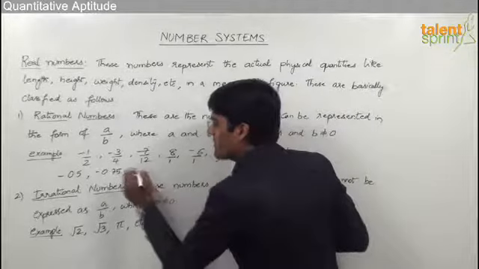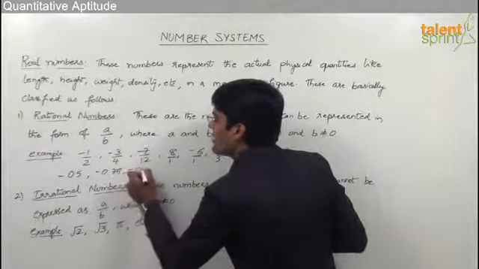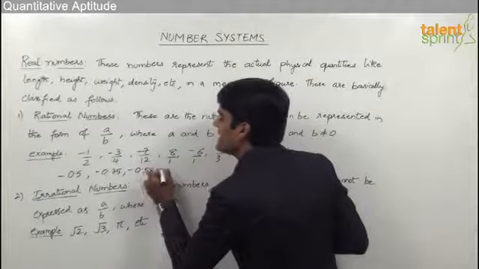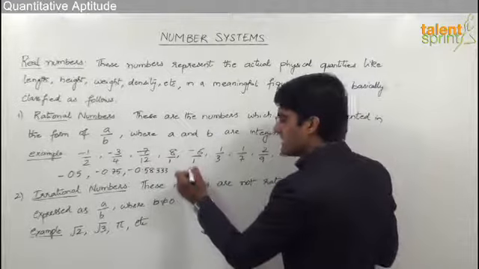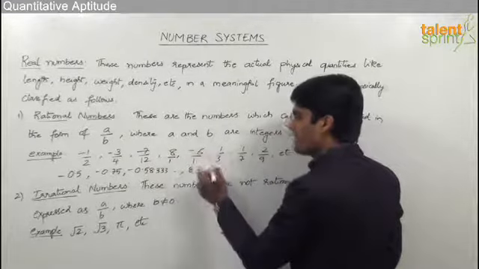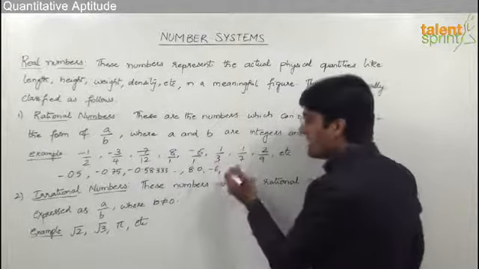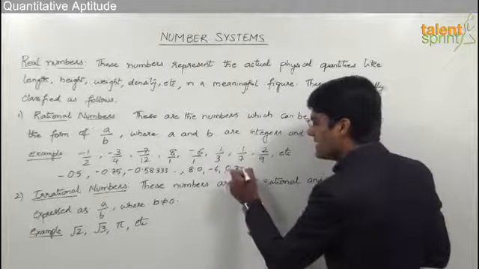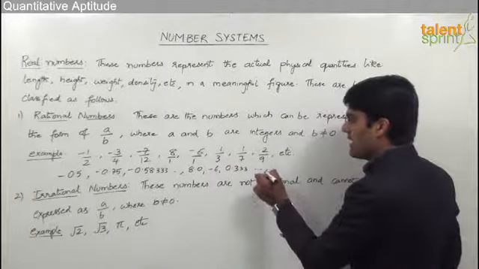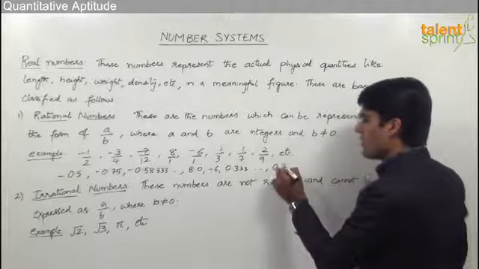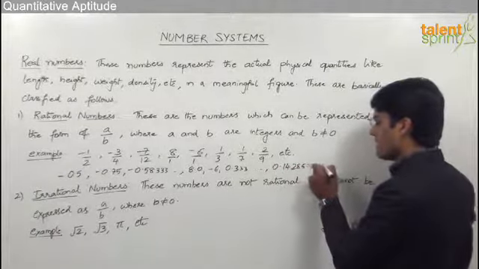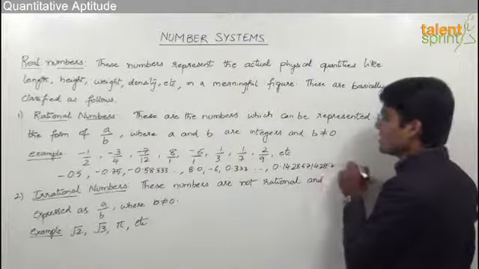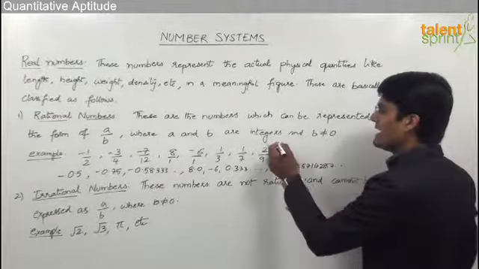Likewise, minus 7 by 12 can be taken as minus 0.58333 and so on up to infinity. Then 8 by 1 is nothing but 8.0, minus 6 by 1 is minus 6. 1 by 3 we know is equal to 0.333 and so on up to infinity. And 1 by 7 would be 0.142857, 142857 and so on.